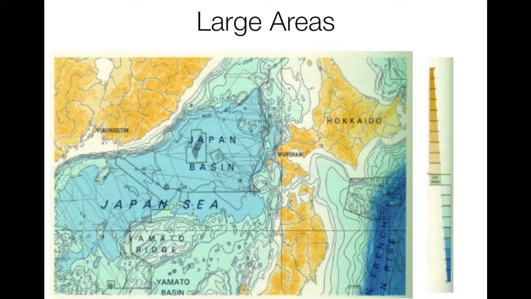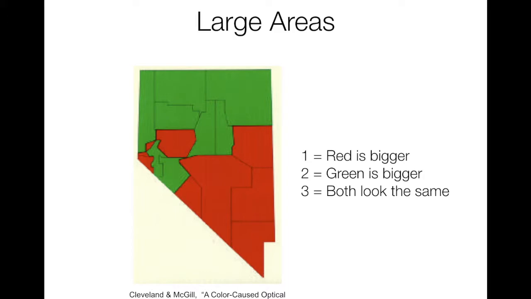One important thing, which is also used here, is contrast. Here is an example from a paper from 1993. The question is: is the red or the green area bigger? Please look and think for a second which one you would say is bigger.